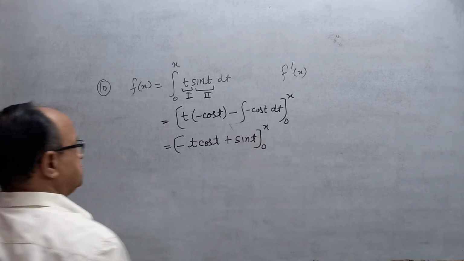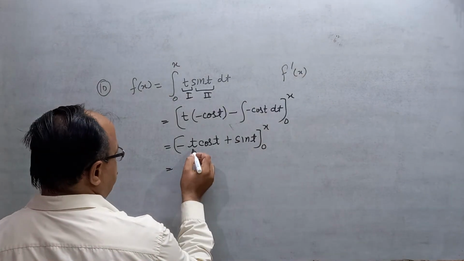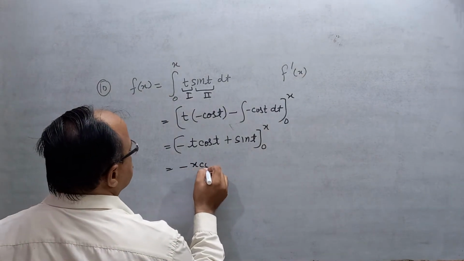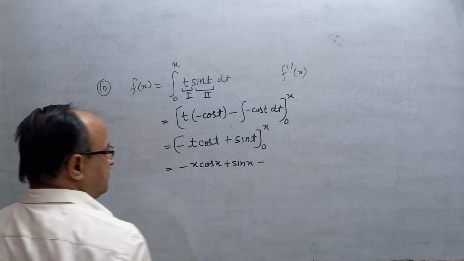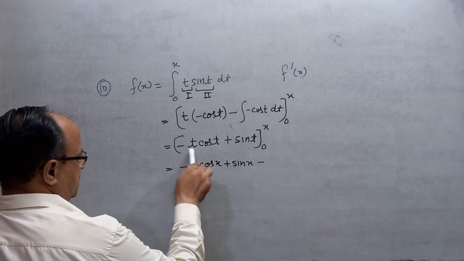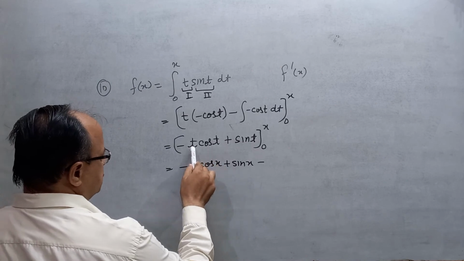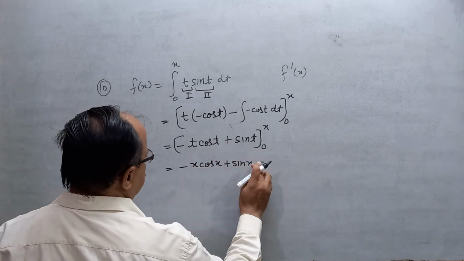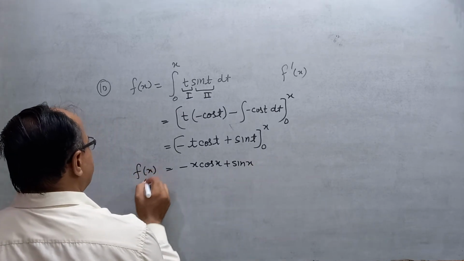Now put upper limit and then minus lower limit. When you put x, you get minus x cos x plus sin x, but when you put 0, it completely becomes 0, because cos 0 is 1 and 1 into 0 is 0, sin 0 is also 0, it means 0. So this is called f of x.